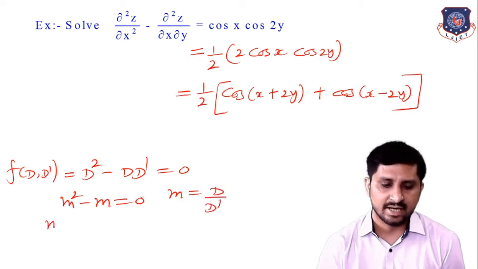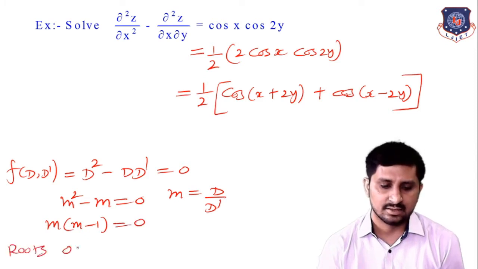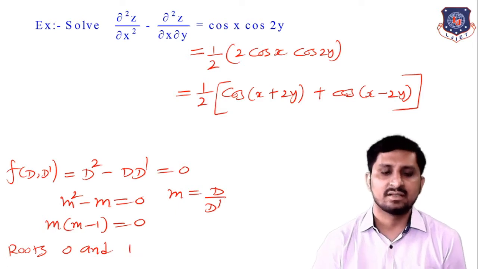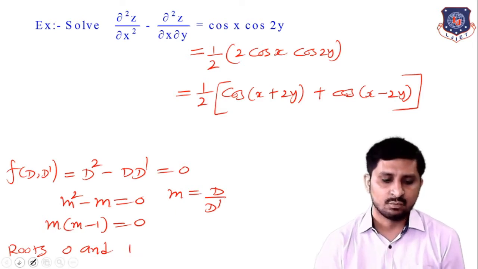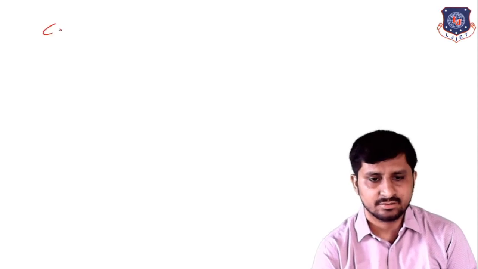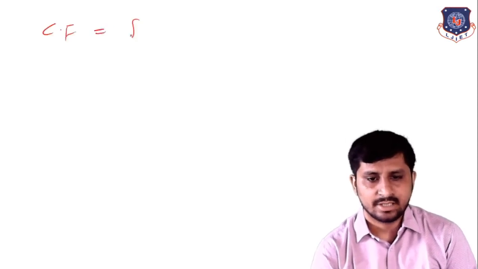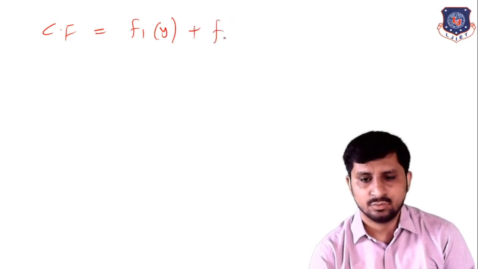So m into (m minus 1) equals 0. What are the roots? The roots are 0 and 1. So the complementary function is f1(y) plus f2(y + x).